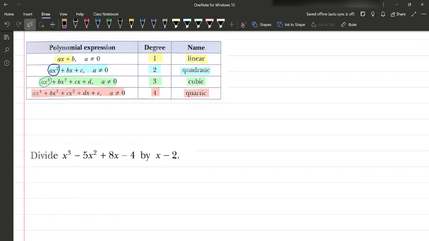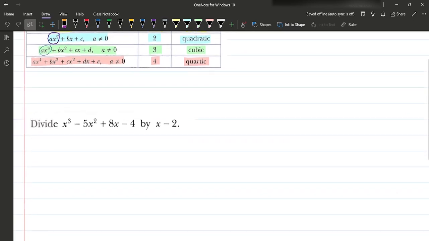Okay, so we're going to be trying to divide these two, this and this. The reason is that when you have a cubic, it's not really easy to put into an equation and solve it unless you use your calculator, but we're trying to express it in terms of 2 or 3 expressions, something like this.